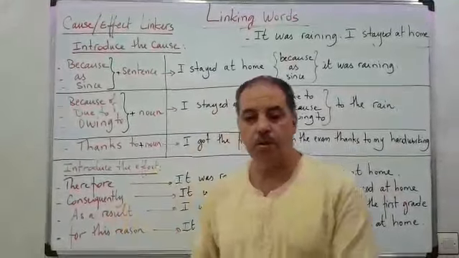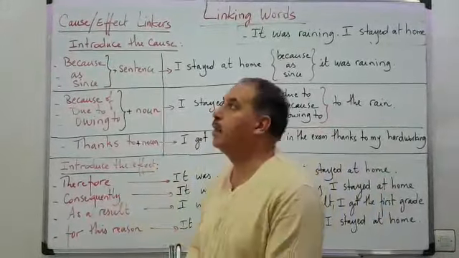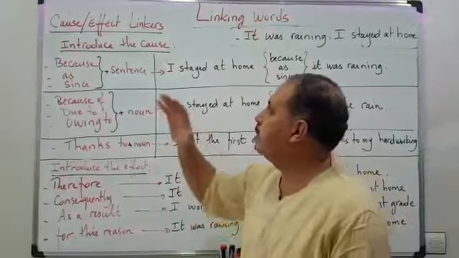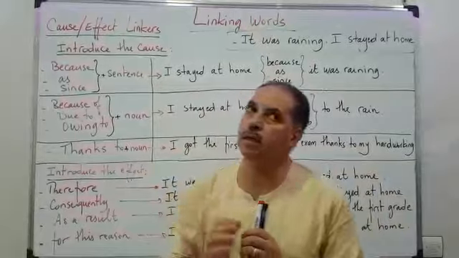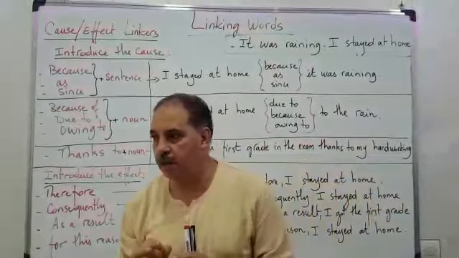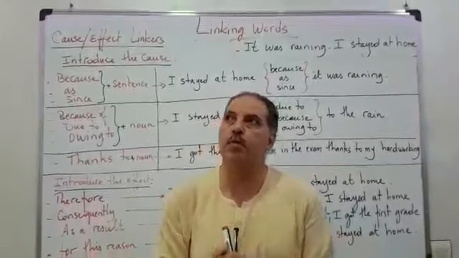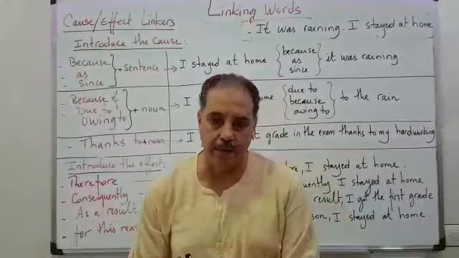Today we are going to continue our lesson concerning linking words, and today we are going to talk about linkers that we need to use when we talk about cause and effect.